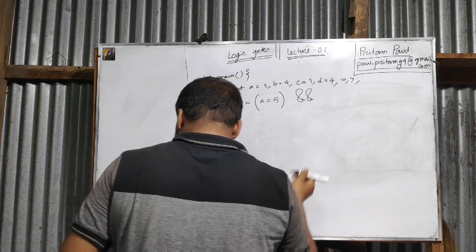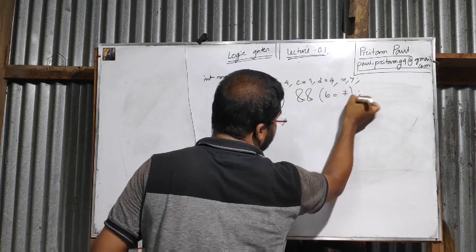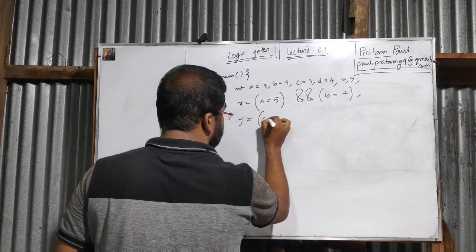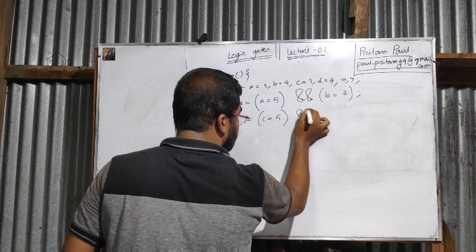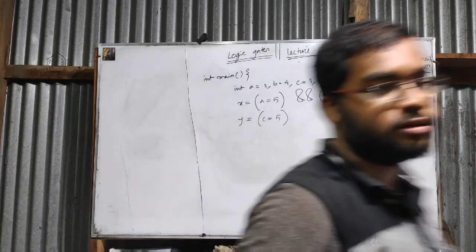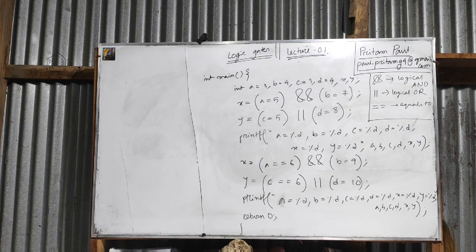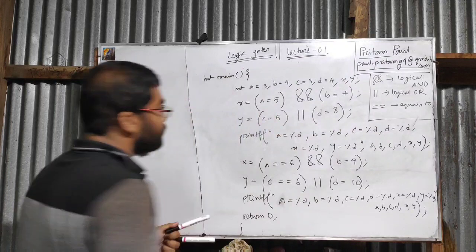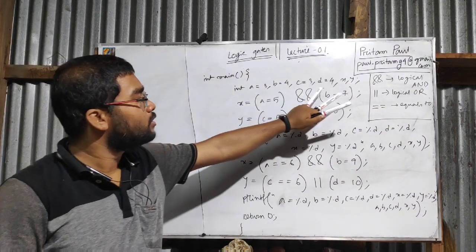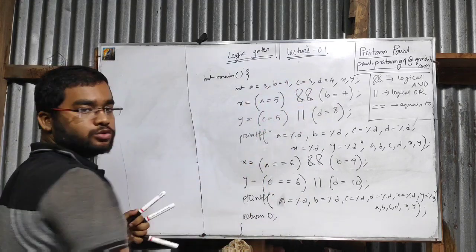Okay, A equal to 5, B equal to 7, and Y equal to C equal to 5. In this program, int A equal to 3, B equal to 4, C equal to 3, D equal to 4, and X and Y, these are two variables.